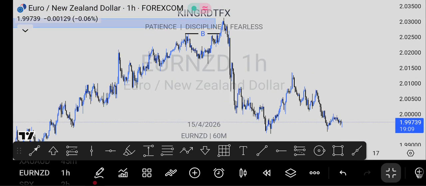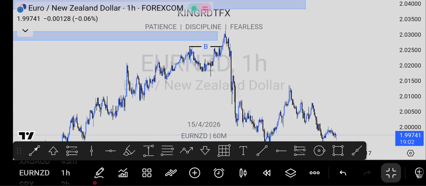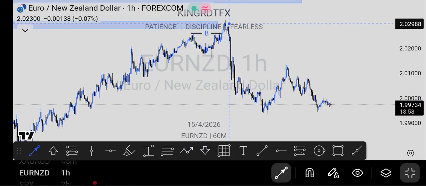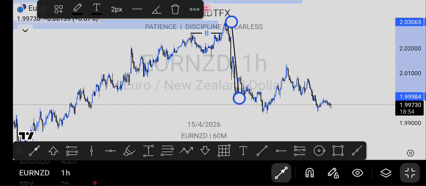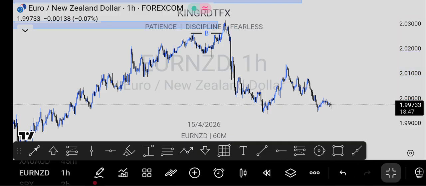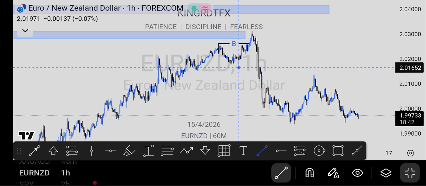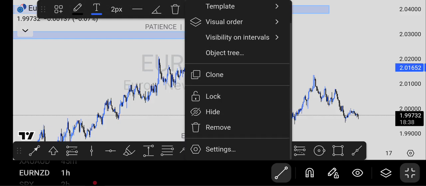But now, as you can see, our price here moved aggressively to the downside. You can see that the buyers lost control, and the sellers are in control. Let's just mark this one as our market structure shift, right?